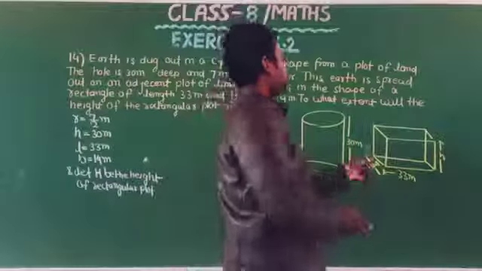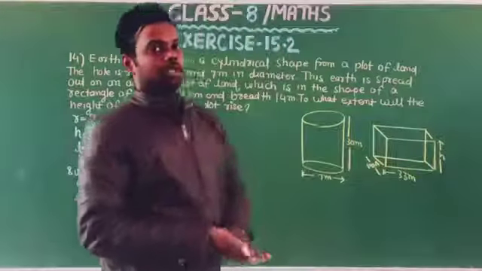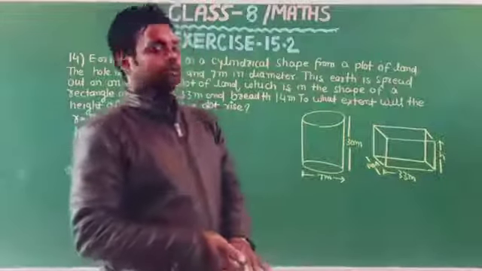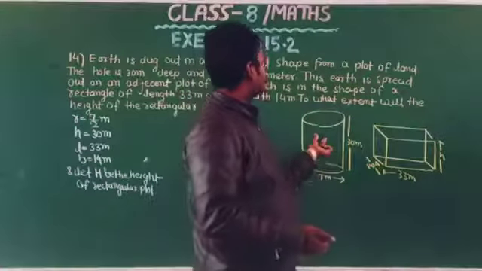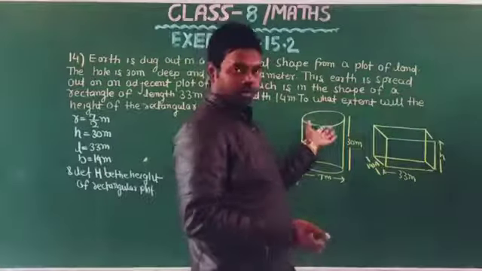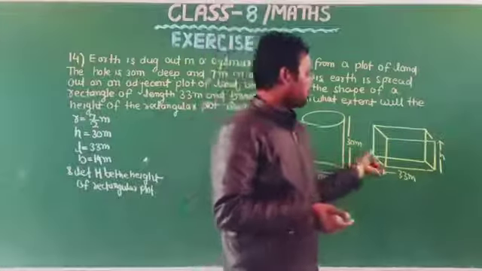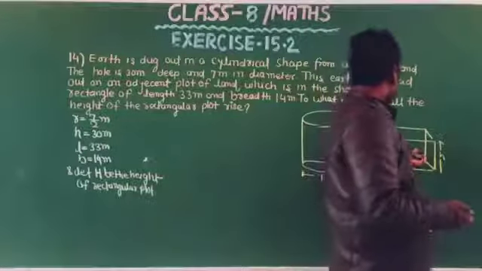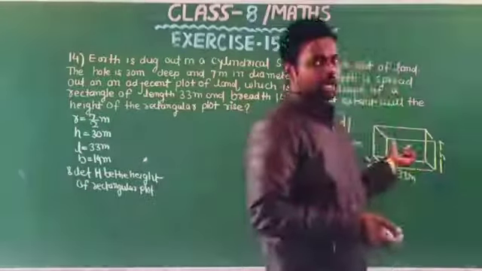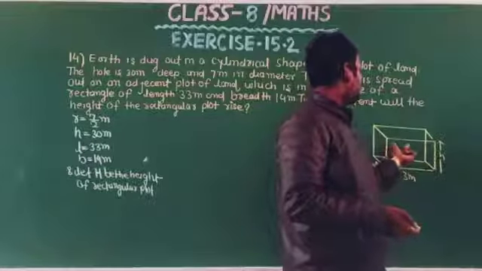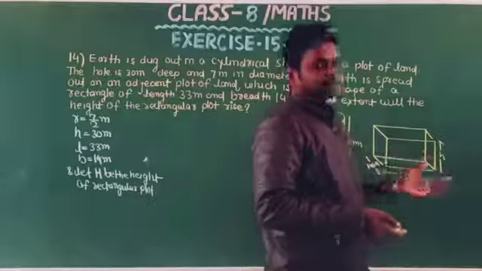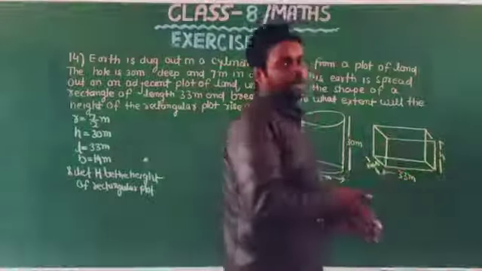We need to find the height of the rectangular plot. So the volume of the earth from the cylindrical hole is equal to the volume of the soil in the rectangular plot.